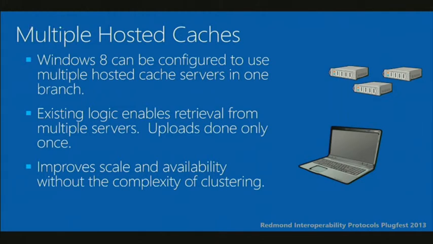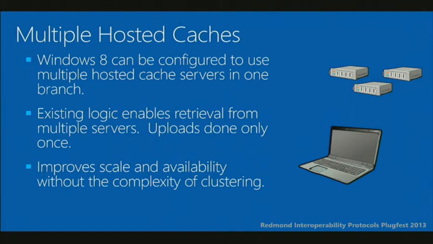So the other thing that has changed with the Windows 8 clients is the ability to deal with multiple hosted caches in parallel. So along with the automatic discovery of what hosted cache servers are available for your site, you now no longer need to deal with just one hosted cache server.